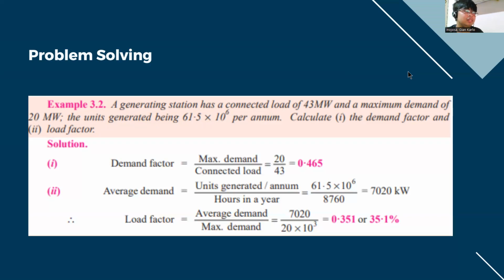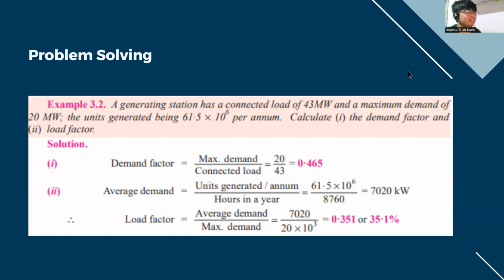So for our load factor, since it is equal to average demand over max demand, first we need to calculate the average demand. Originally, our equation is units generated per annum is equal to average demand times hours in a year. So average demand is equal to units generated per annum over hours in a year.